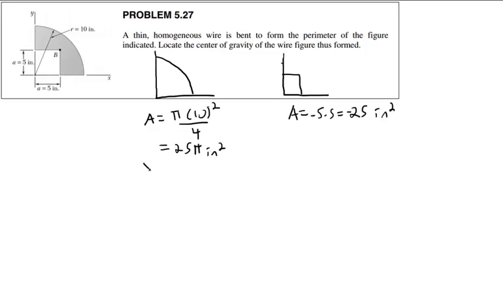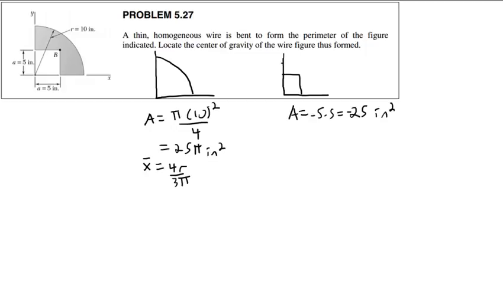The x bar here, we can see that circles and quarter circles have centroids at 4r over 3 pi. That is the formula from the book.